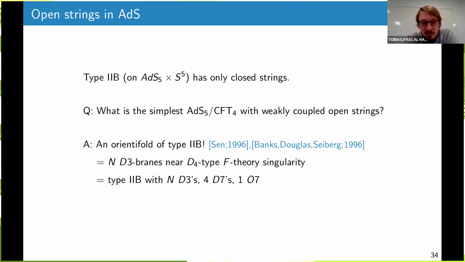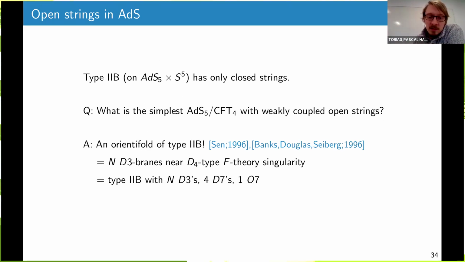As we know from Ashoke Sen and many others, the simplest model is probably an orientifold of type 2B. You can see this as N D3 branes near a D4 type F-theory singularity, or type 2B with N D3s, 4 D7 branes, and 1 orientifold 7-plane.